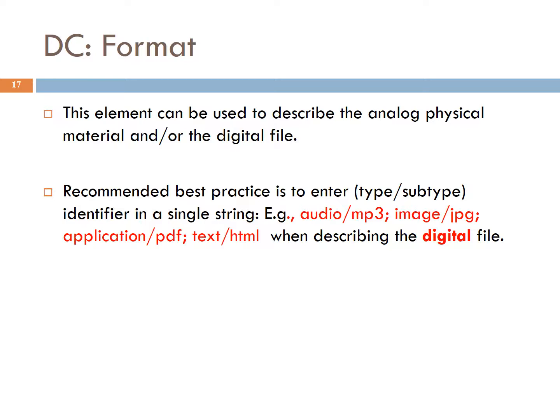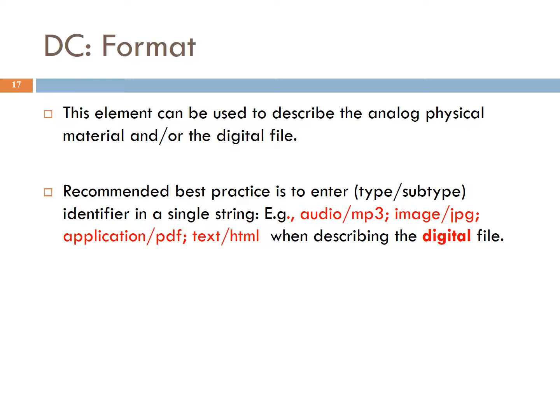Now, if you were using Dublin Core to describe a physical collection, say a photograph, for type, this would be an image. In the format field, if you're describing the physical photograph, you might enter 8 inches by 10 inches. If instead we're describing a digital representation of that photograph, then our type would again be image, but the format would be image/JPEG or image/TIFF.